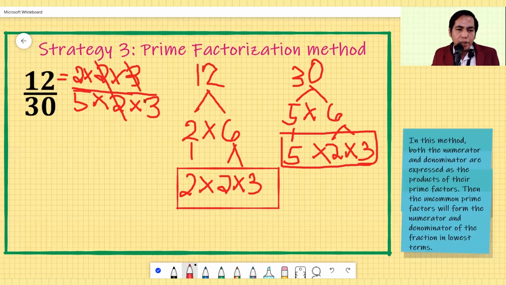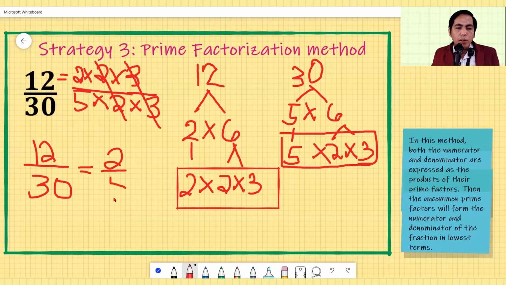So we can cancel it out. Now, what is left of the numerator and the denominator will form the fraction in lowest terms. So in other words, the lowest term of 12 over 30 is equal to 2 fifths.